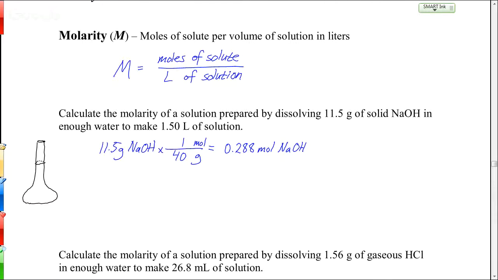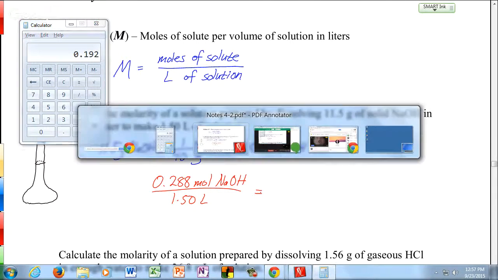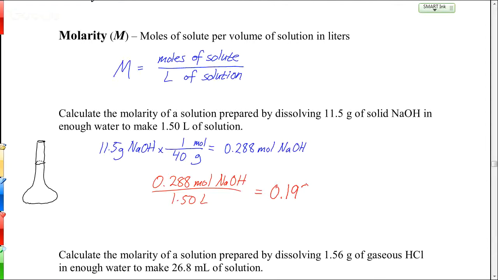So that tells us we got 0.288 moles. 0.288 moles solute in 1.50 liters of solution gives us 0.192 molar. So that tells us that there would be 0.192 moles in 1 liter of that solution. See how that works?